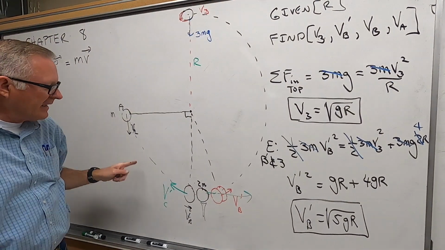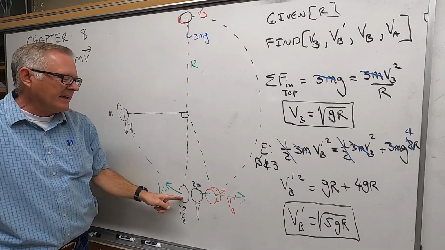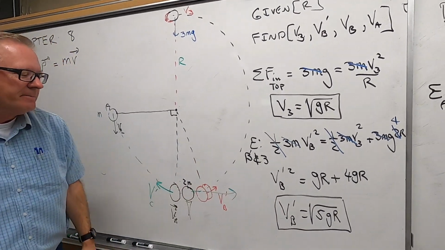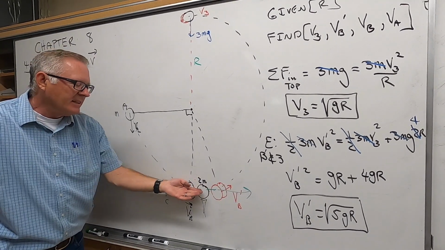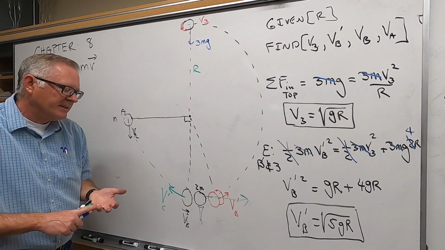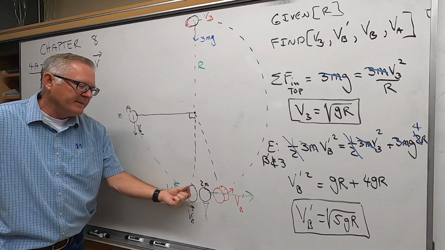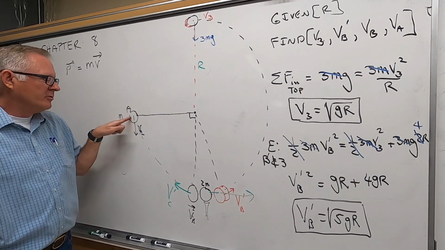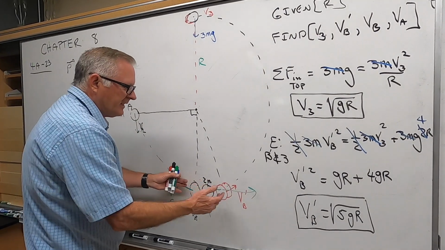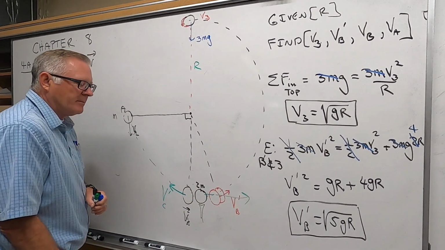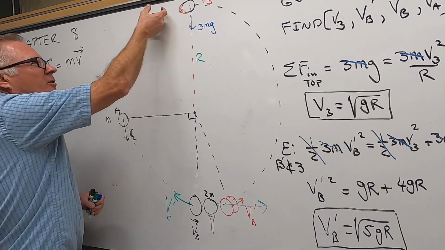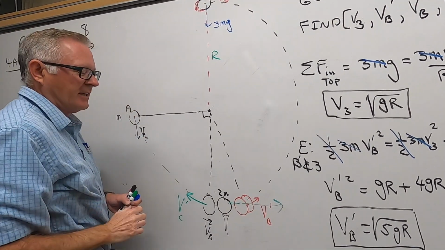Working your way back down to just after the collision, we would have probably had the same speed there. And then in the collision process, you would have had two equations. You would have used the momentum and the relative speed, and then use the energy from here to here. So it's energy, and then in the collision use the momentum and the relative speed, and then back to energy all the way up to there, and then the sum of the forces at the highest point.